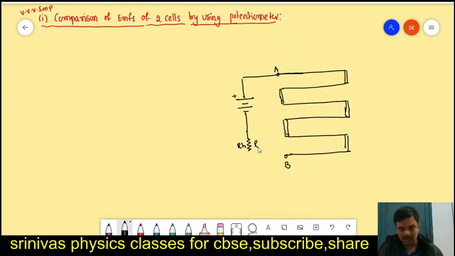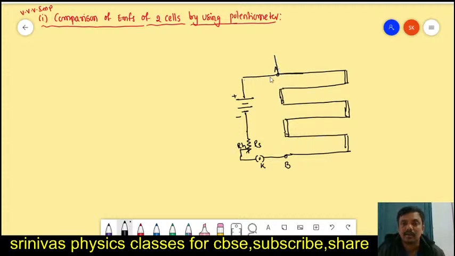This rheostat resistance is Rs, and here we can connect some plug key. This is connected to point B, right? And here this is the positive terminal and this is the negative terminal.